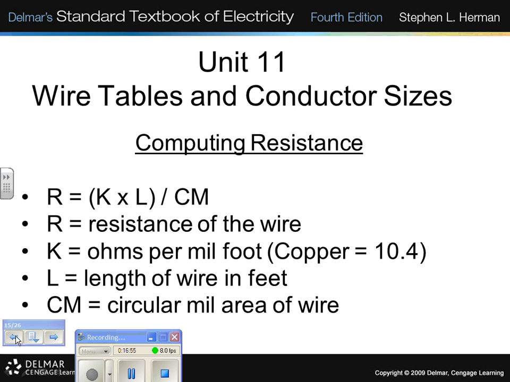And I think it's later in this chapter, but I want to get it in now. The formula is 2KIL over circular mils gives you VD. Say it with me. 2KIL over circular mils gives you VD.